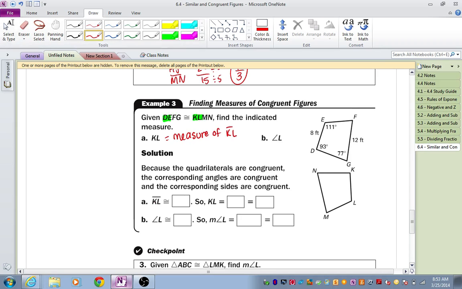So segment KL is congruent to segment DE, which means the measure of KL equals the measure of DE. When there's no segment bar on top, it means measure. Here is DE. Its measurement is 8, which means that KL is also going to have a measurement of 8 feet.